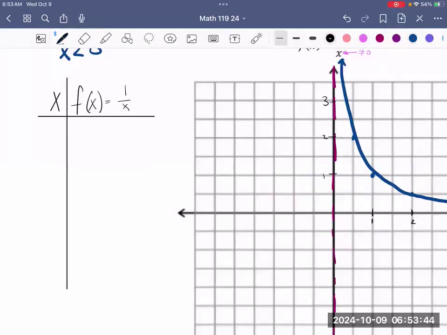So we can choose the exact same ones, but maybe their negative counterparts. So negative 1/3, negative 1/2, negative 1, negative 2, and negative 3. So you have negative 1 and 1/3, negative 1 times 3 over 1.